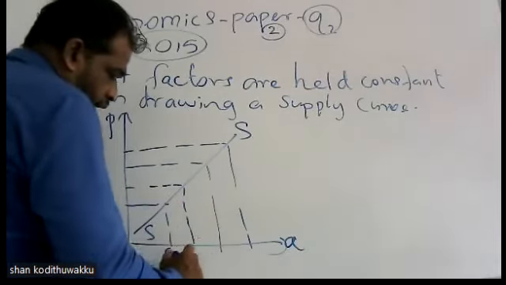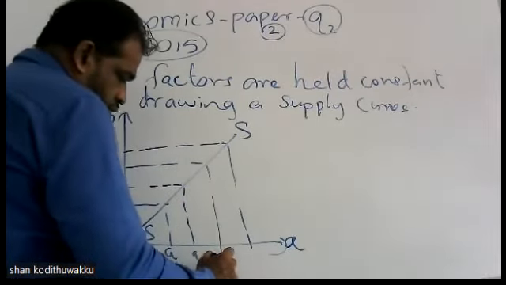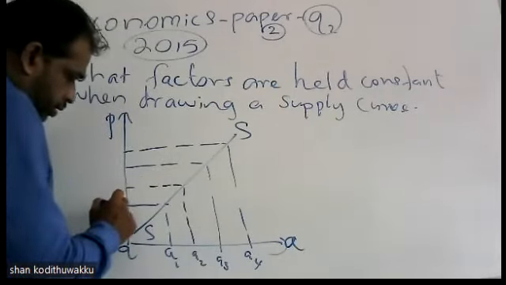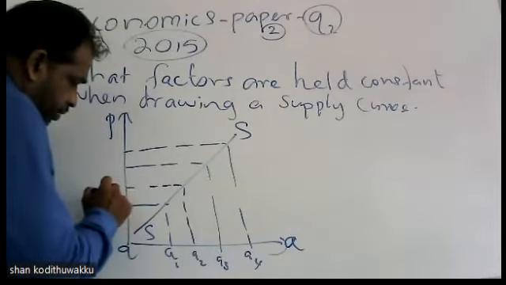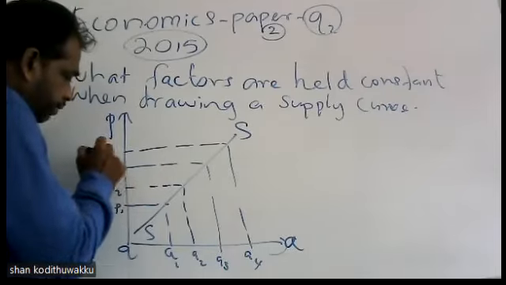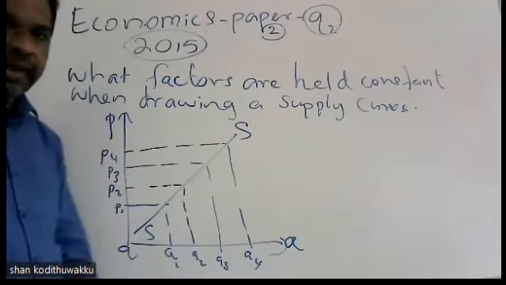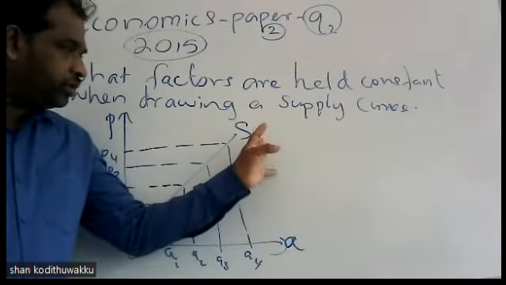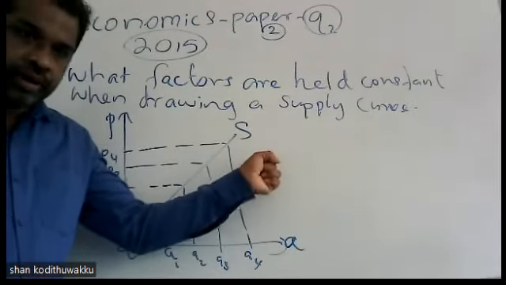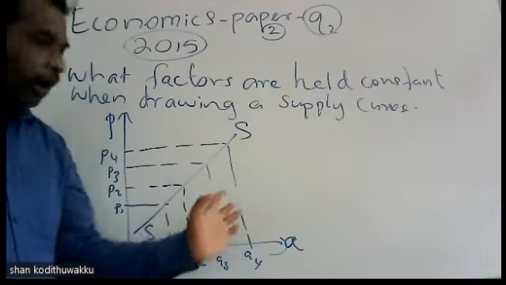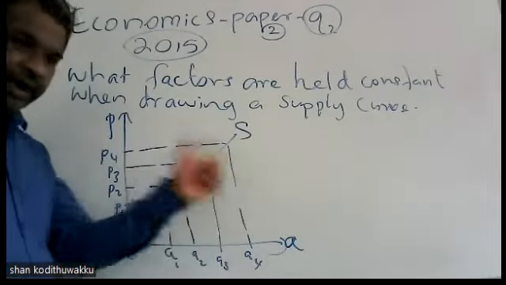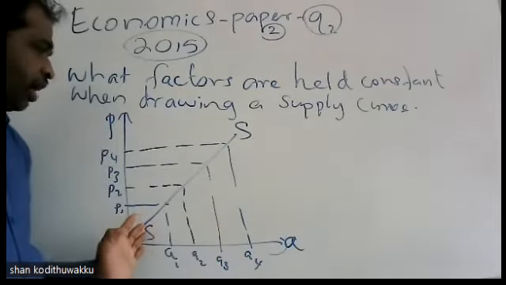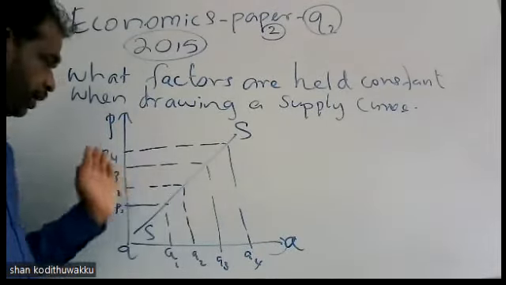Here Q1, Q2, Q3, Q4, P1, P2, P3, P4. Normally, a supply curve has an upward moving nature from left to right. This is the nature of the supply curve.